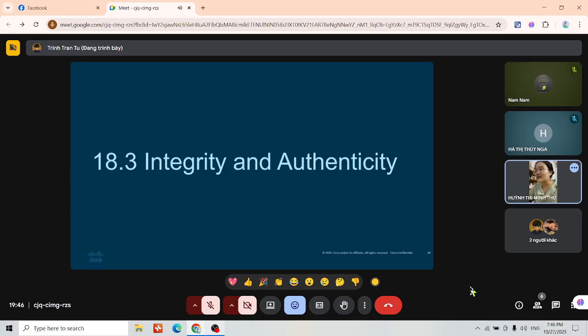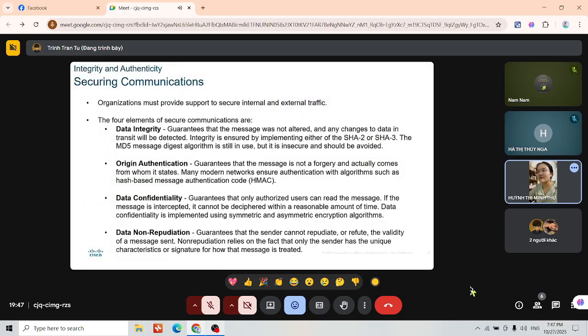And the next content is 18.3, integrity and authenticity. The first, secure communication. Organizations must provide support to secure internal and external traffic.